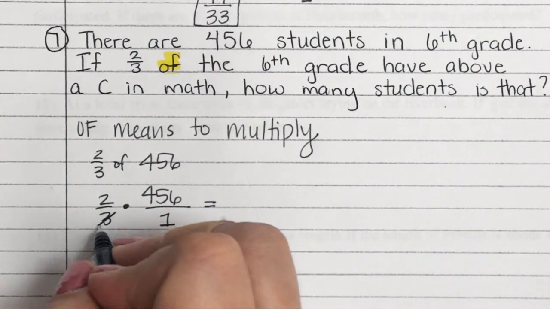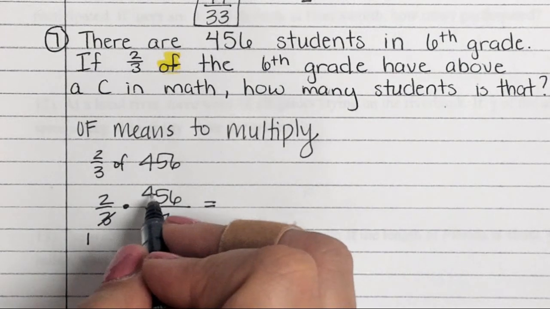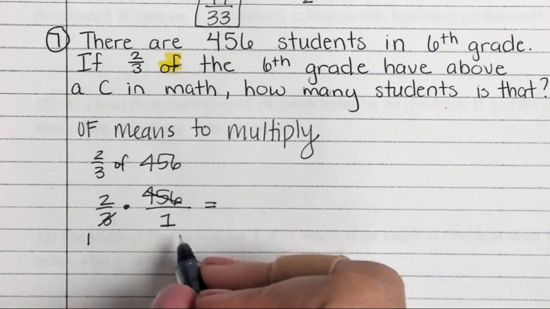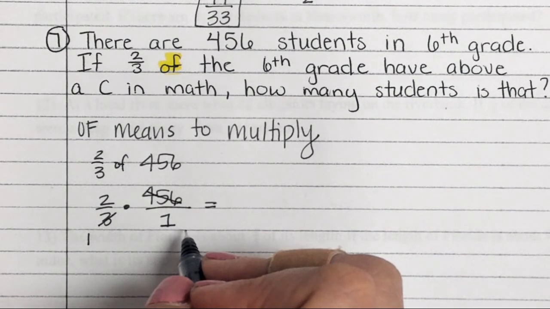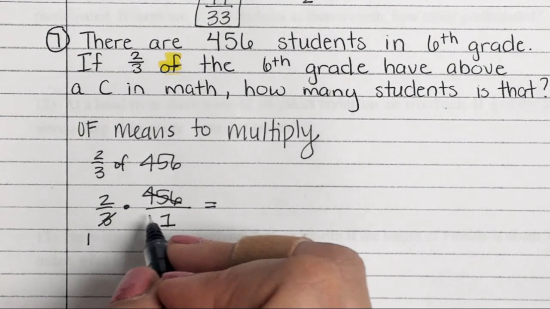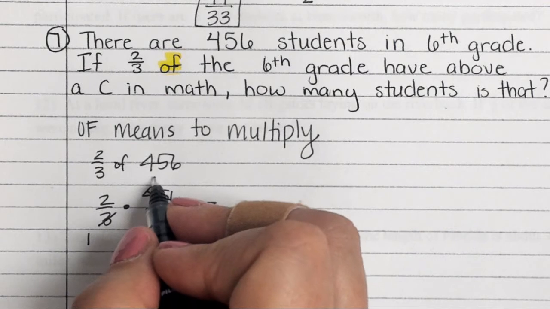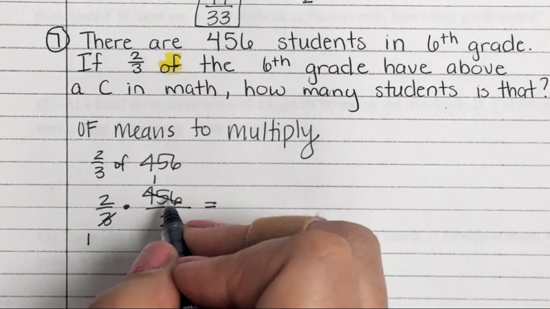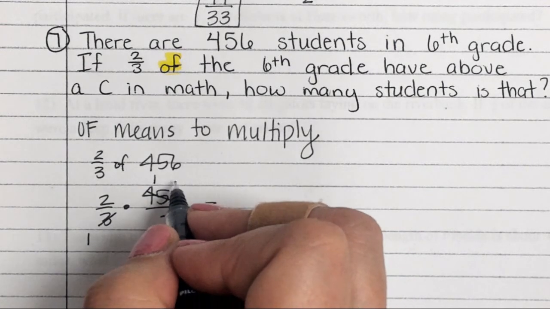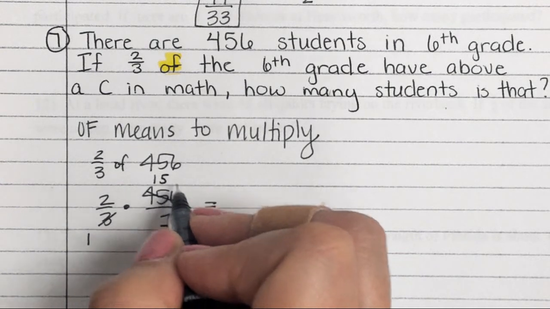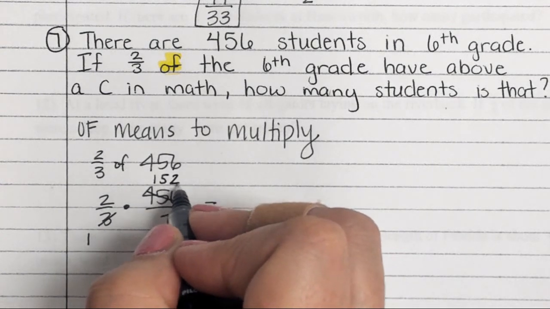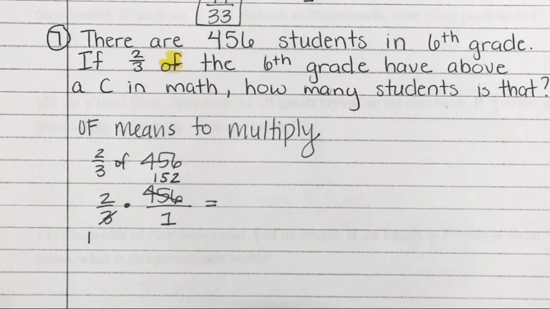So 3 will go into 3 1 time. How many times will 3 go into 45? Well, first of all, how many times will 3 go into 4? 1, with 1 left over, bring our 5 down. 3 goes into 15 5 times, and 3 goes into 6 2 times. There we go. So at this point, we've cross-canceled.